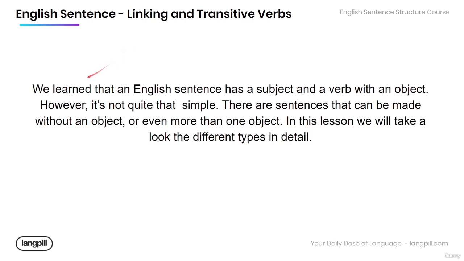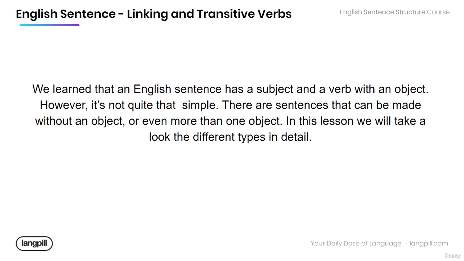So we learned, right, that an English sentence has a subject, a verb, and then an object. Now, I wish it was that easy, but it's not quite that simple, okay? In the beginning of this course, I told you subject, verb, object, just to introduce to you the main way that we form sentences.